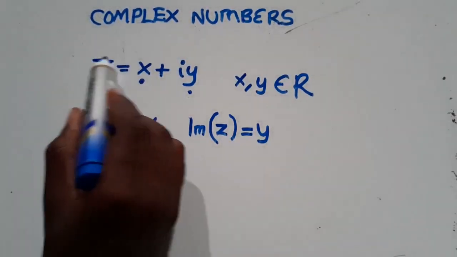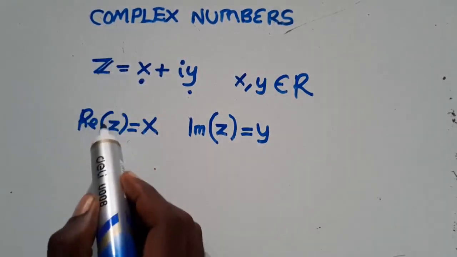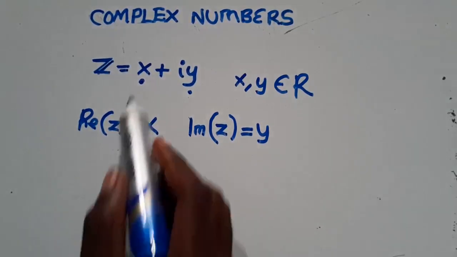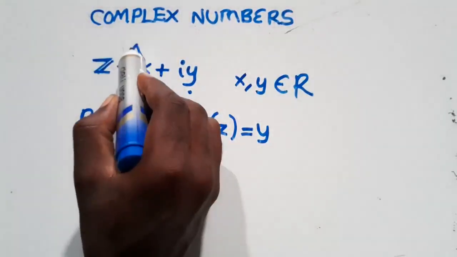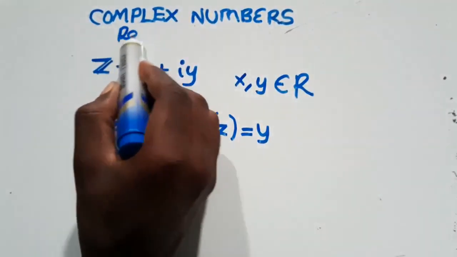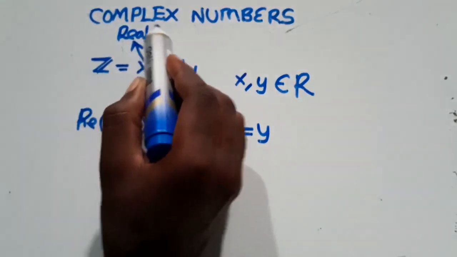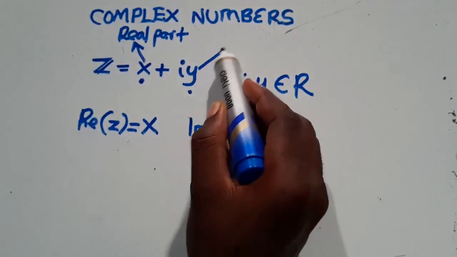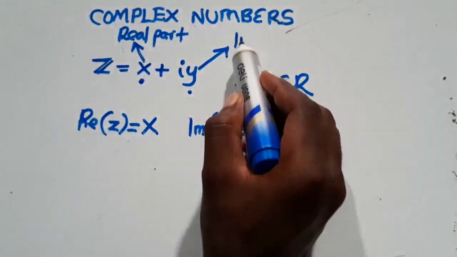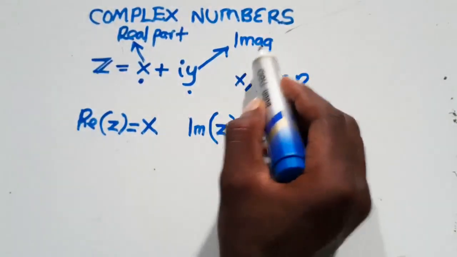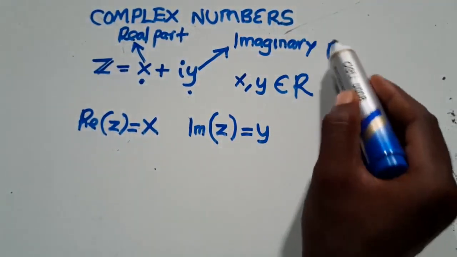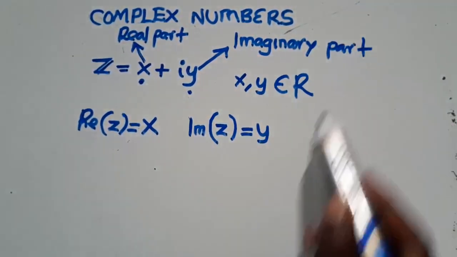A complex number here is z. In other words, a complex number is made up of a real part and an imaginary part. The x is called the real part. The y is called the imaginary part. I want you to know this and understand this.